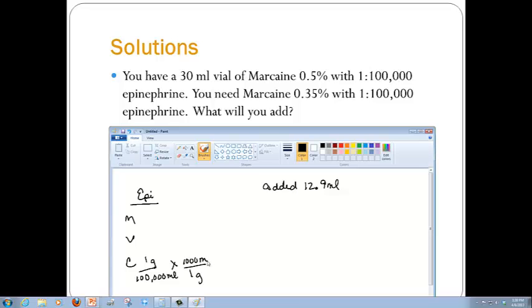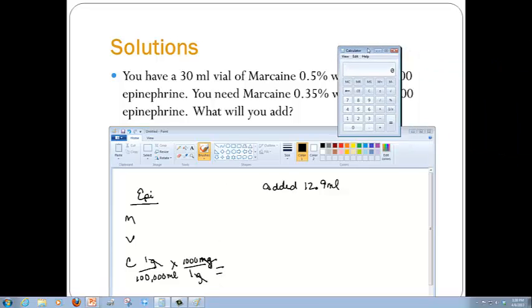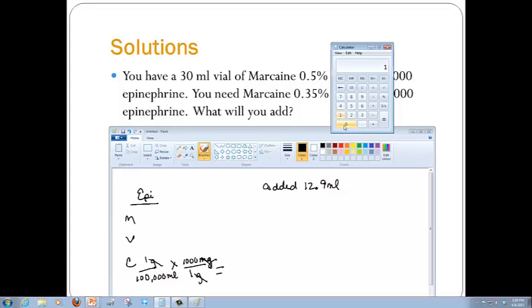There are 1,000 milligrams in every gram. Many people would work in micrograms here. 1,000 in the numerator divided by 100,000 in the denominator gives us 0.01 milligrams per milliliter.